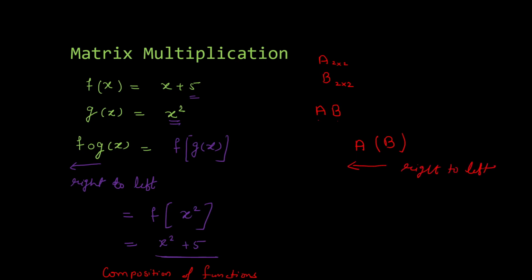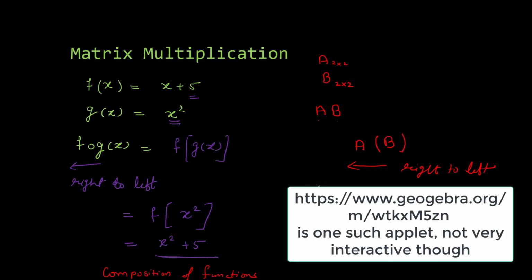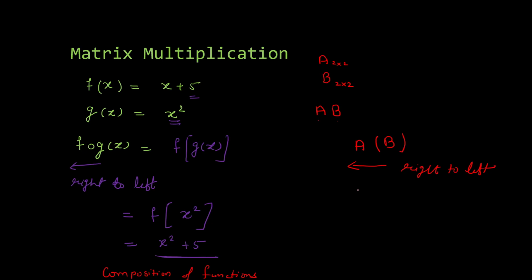Now I did not find any suitable web applet which can help you to visualize this particular thing, but you can search for some applet which shows you this in an interactive manner. Otherwise, as an exercise, if you are not yet satisfied how this can be a composition of transformation, you can take some linear transformation. In the previous tutorial we have talked about rotation and shear, these kinds of transformation and the corresponding matrices.